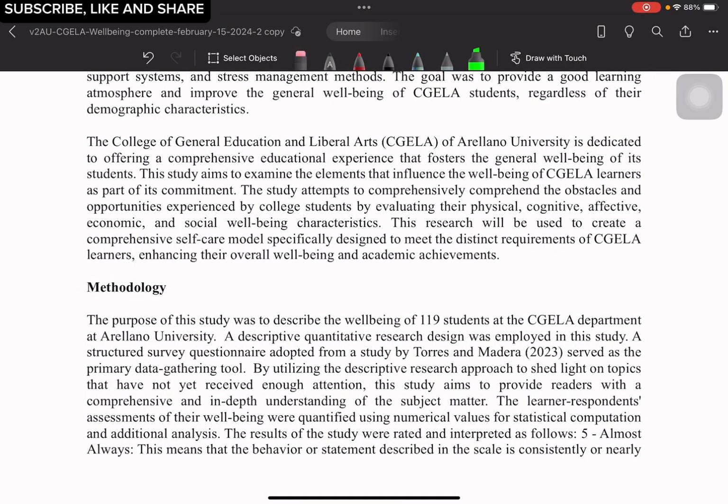The setting or context of the study is the CGELA or College of General Education and Liberal Arts of this specific university, and the objective and goal of the study is presented in the last part, which again follows the deductive method.